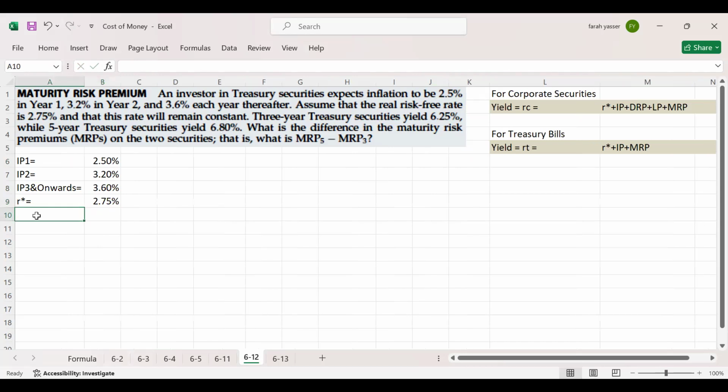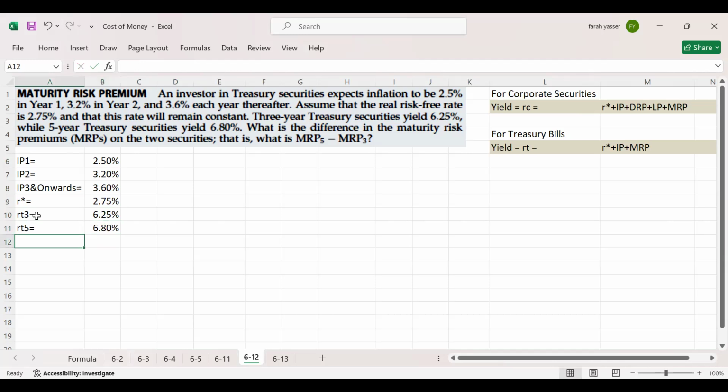Then yield on securities. Which securities? Treasury. That's why we write T here. RT for 3 years is given, which is 6.25%. Then RT for 5 years is also given, which is 6.8%. So what is required?